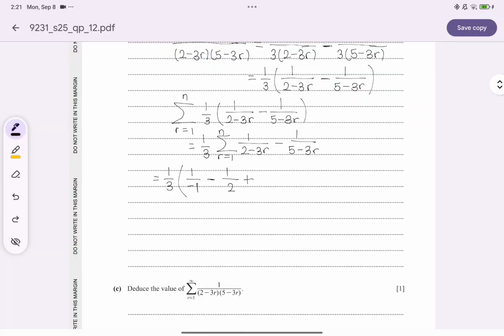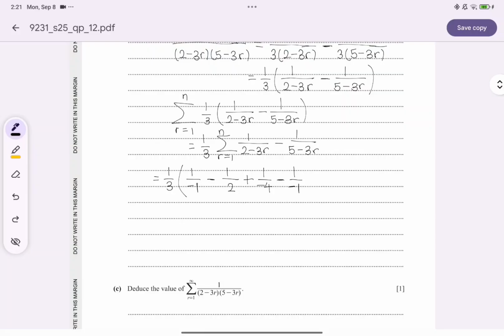Plus, now we're going to have to substitute r equals 2. So this would give us 1 over 2 minus 6, that's 1 over minus 4, and then minus 1 over 5 minus 3 times 2, that is 1 over minus 1.